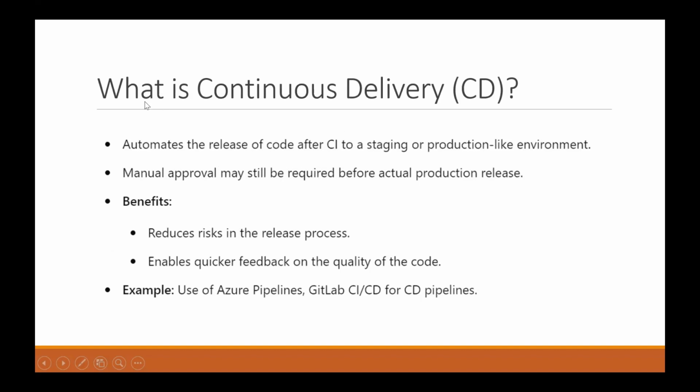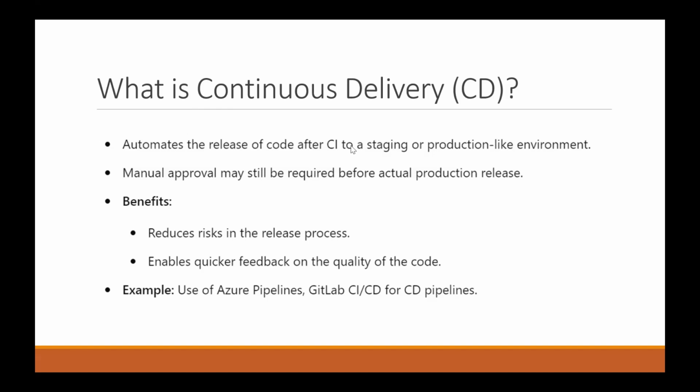Now let's discuss what continuous delivery is. This automates the release of code after CI to a staging or production-like environment. Like I already said, once your CI pipeline is complete, once your code is built, the scan is successful, the SonarQube scan and Nexus IQ, if you have integrated those, and code coverage tools, and your code is ready to be deployed.